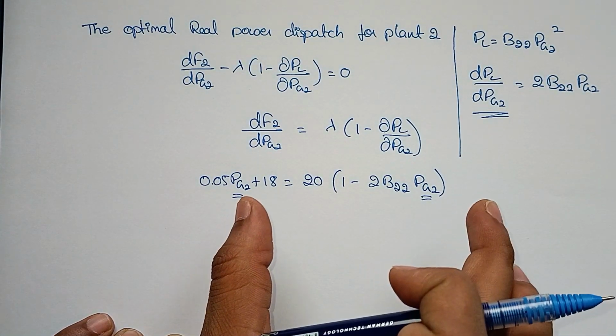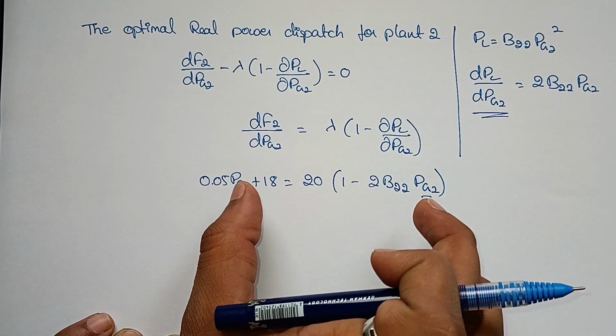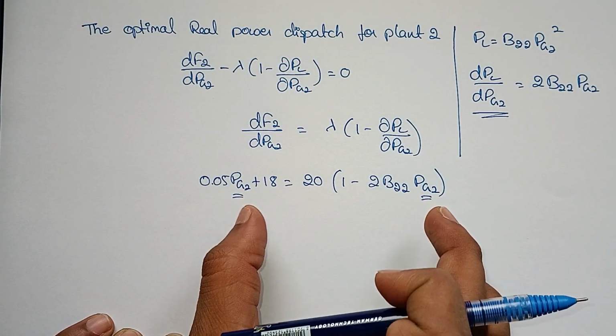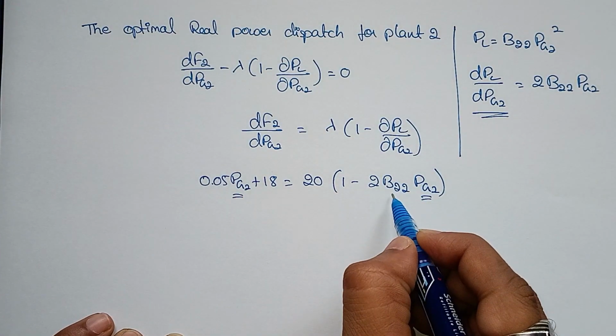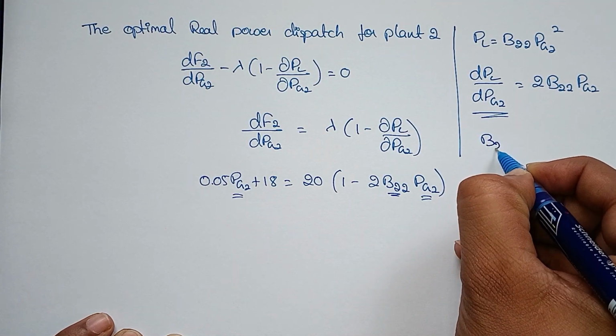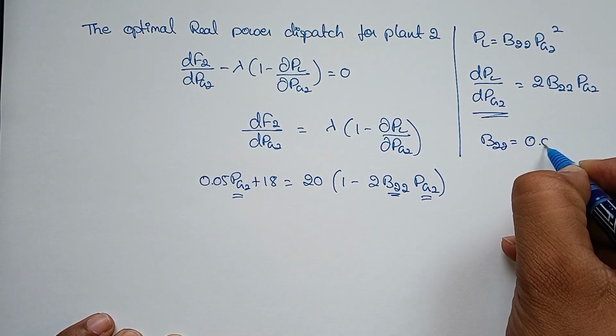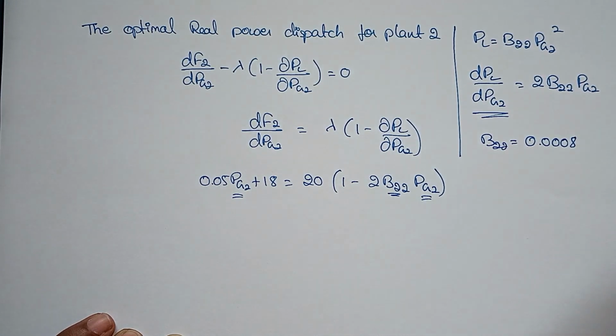Now we need to find the actual value of PG2. That's why we keep PG2 as an unknown value and solve for it. The value of B22 is, as calculated, 0.0008. On substituting, we get the value of PG2.